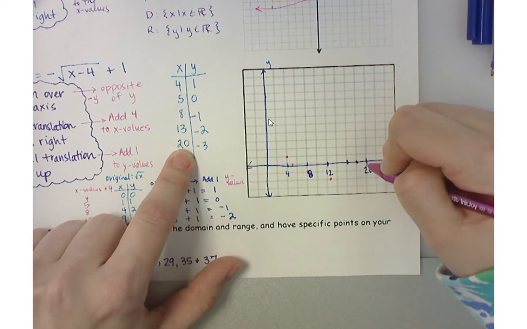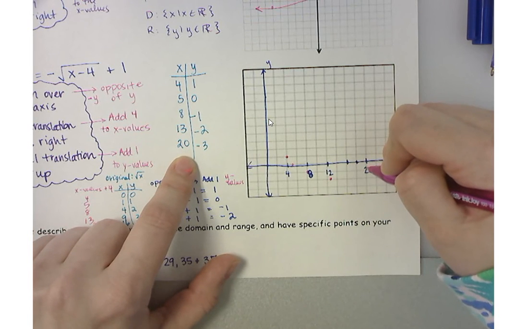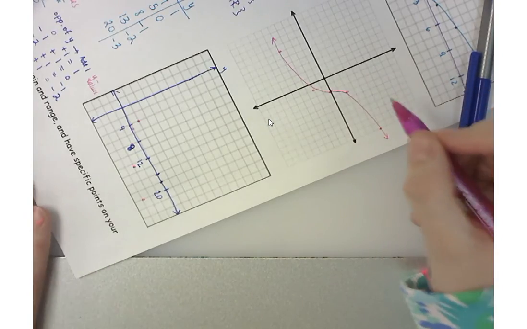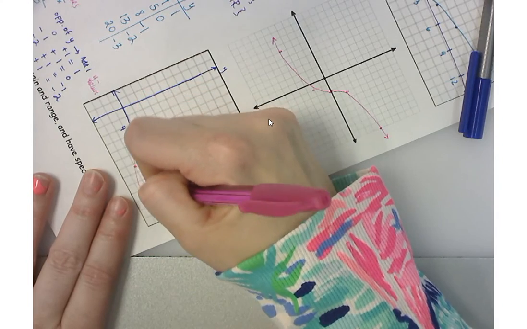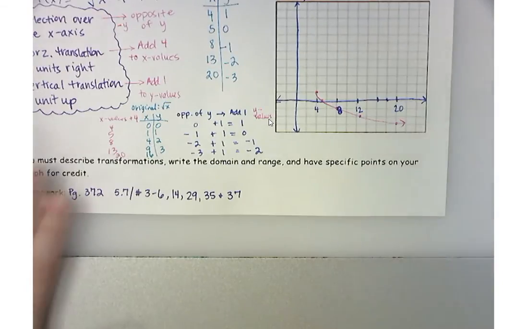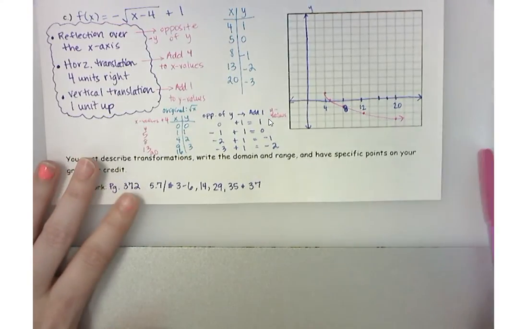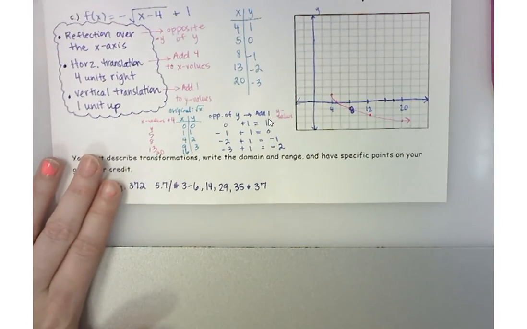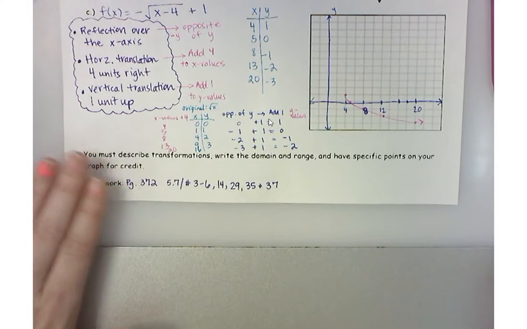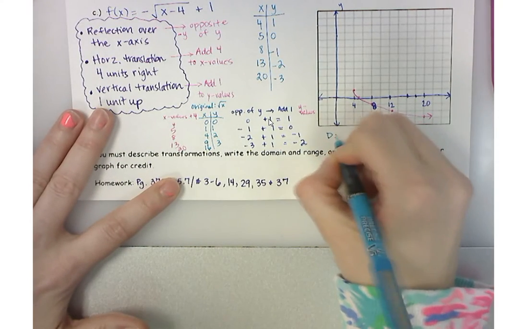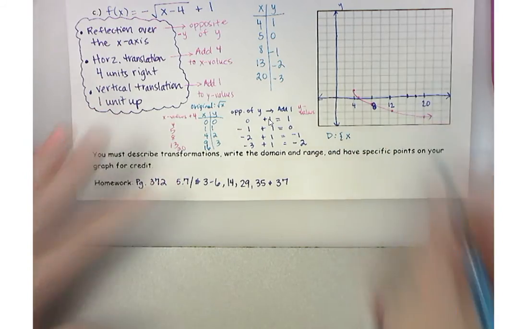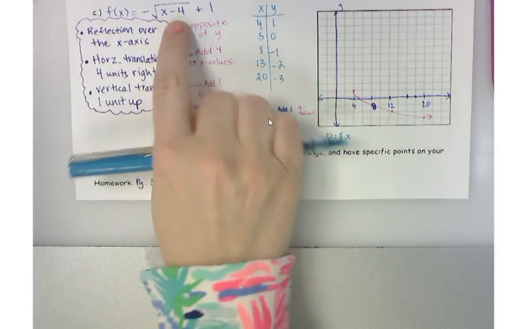For your range, let's look at your y value. So the highest y value is 1, and then, Rhea, how is this going to change for the range? Yes, so now it has to be less than or equal to, because all the points are below, going to negative infinity. Okay, so all points are at or below 1.